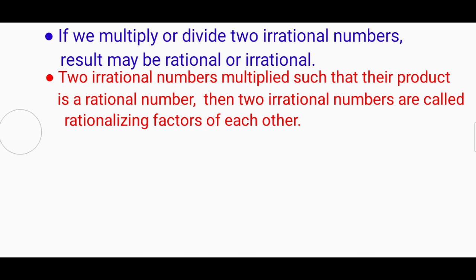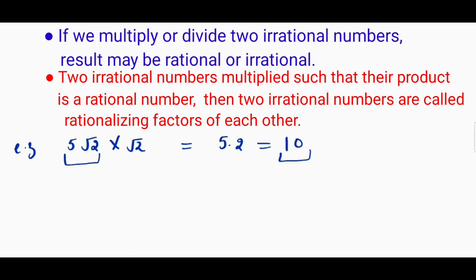For example, if I multiply 5 square root of 2 with square root of 2, my answer will be 5 into 2, which is equal to 10, and this 10 is a rational number. Then 5 square root of 2 and square root of 2 are known as rationalizing factors of each other.